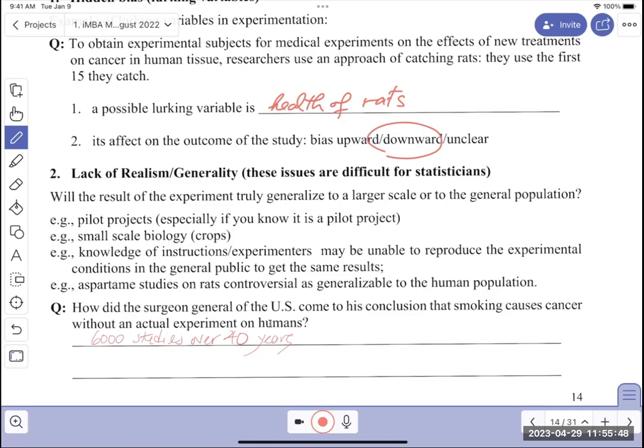So that's why the tobacco industry, for the 40 years following, was able to create a little bit of fog or uncertainty about things, because they'd say, well, it could be genetic.